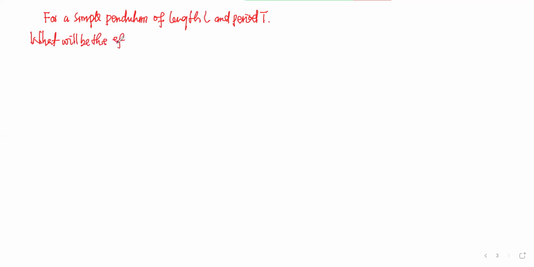For a simple pendulum of length L and period T, what will be the effect on the period when the length is doubled?